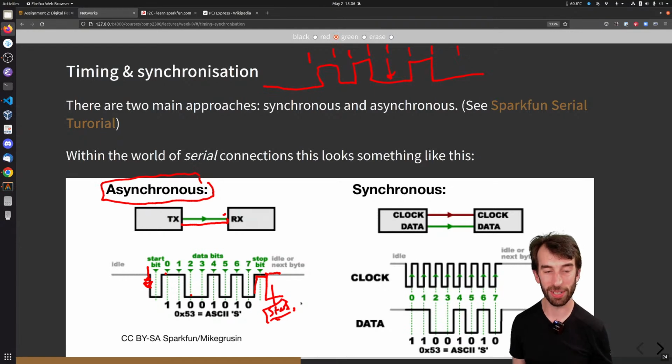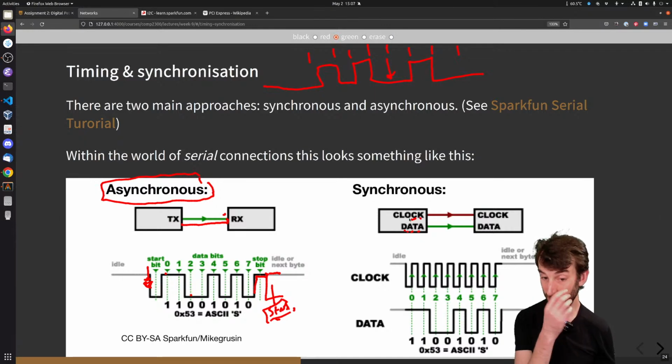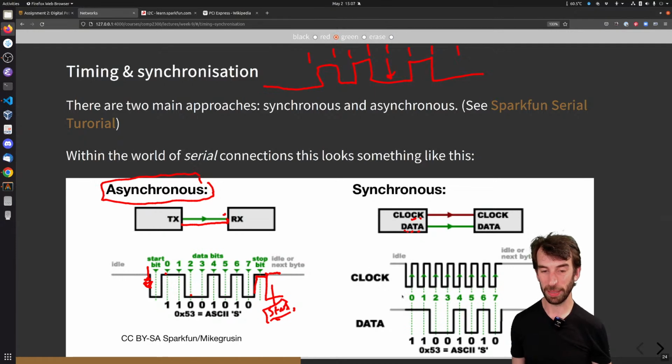So that's asynchronous serial. In synchronous serial, you could have a clock line and data. The advantage here is that you don't need the start and stop bit, because the sender, and that's the receiver there, the sender can be controlling when the receiver should be looking.